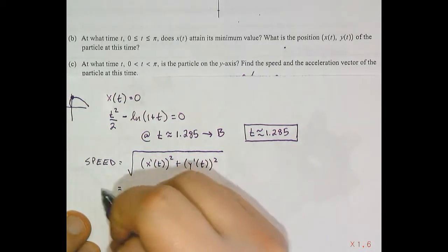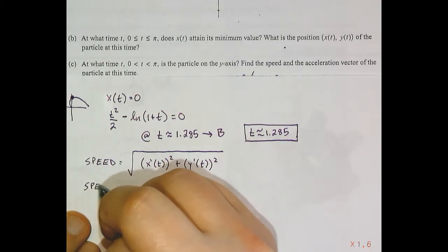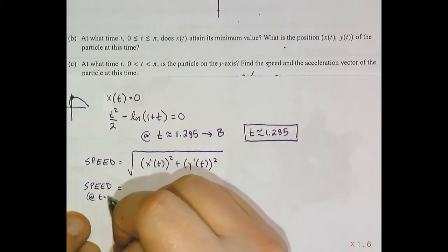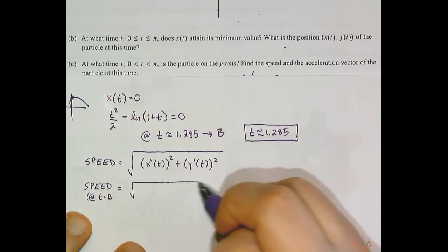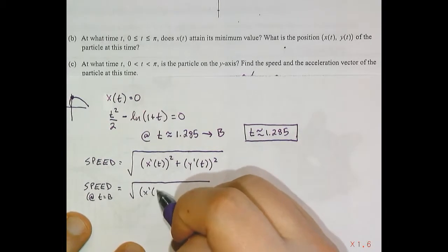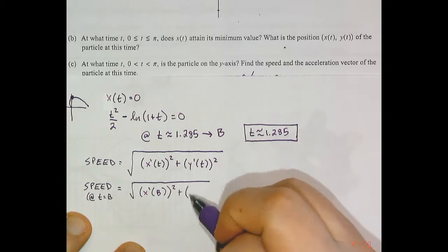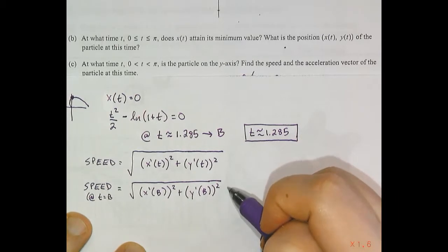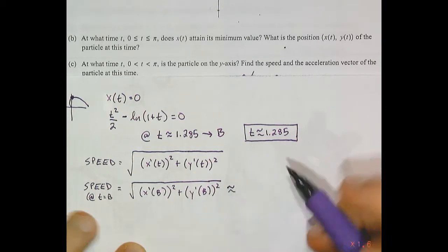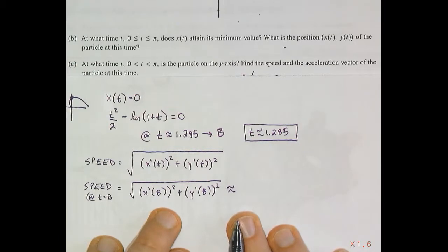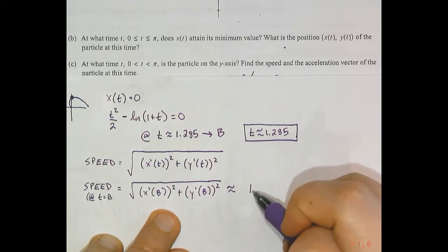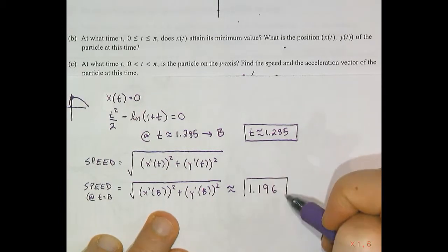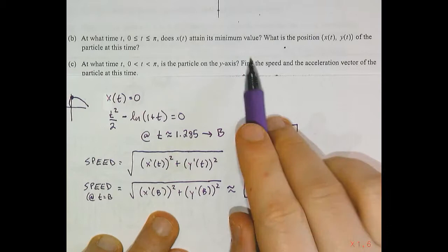So for us, the speed at t equals b would be the square root of x prime of b squared plus y prime of b squared. And we can turn to our calculator to evaluate that. Type this into the calculator and we wind up arriving at a speed of 1.196. So that's the second part of part C, find the speed.